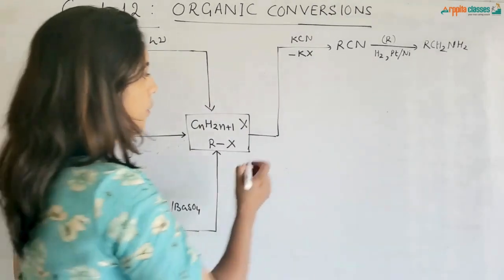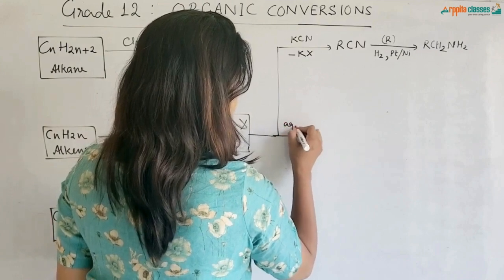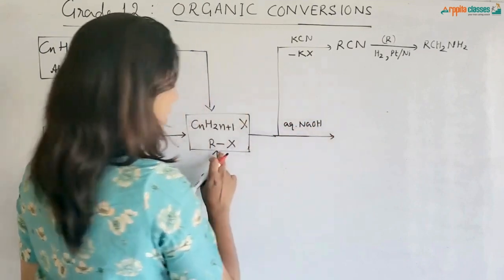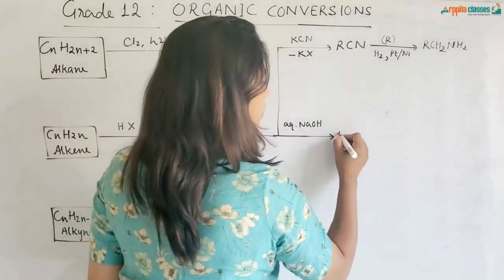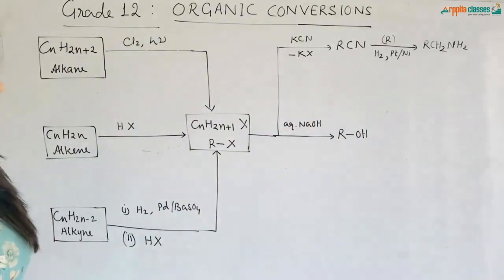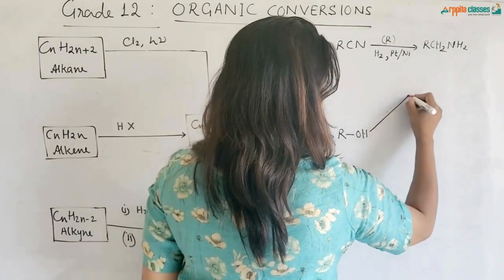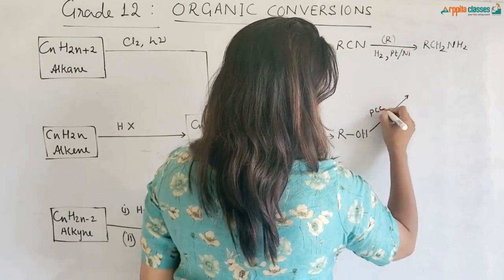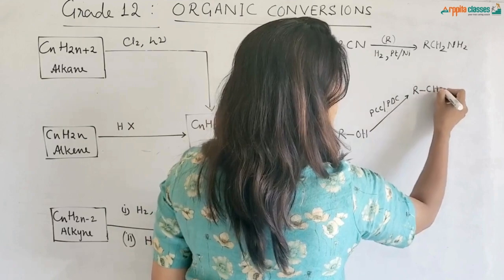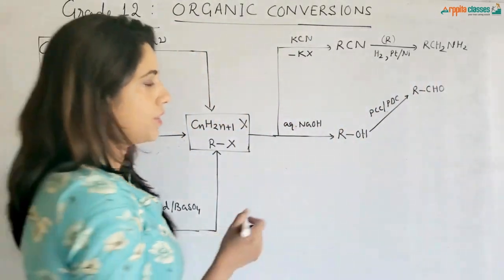Second thing we can do is treat this haloalkane with aqueous NaOH or aqueous KOH, so that this RX will convert into ROH, that is alcohol. Now this alcohol can be treated with PCC or PDC, where partial oxidation will take place and we'll get RCHO.